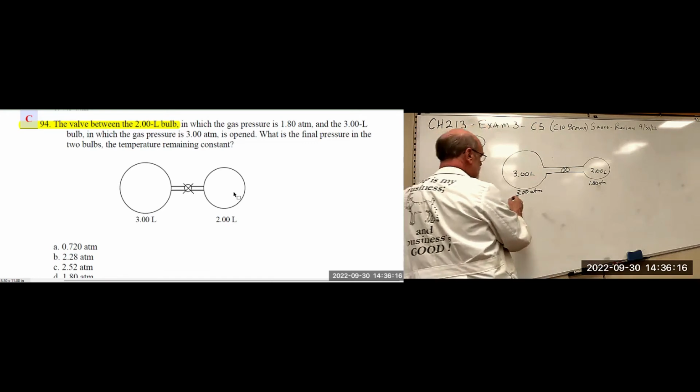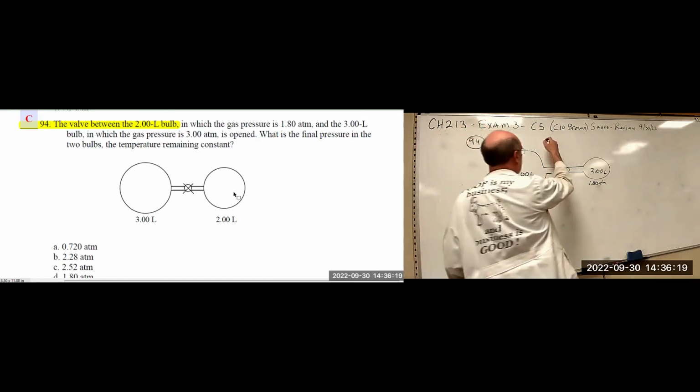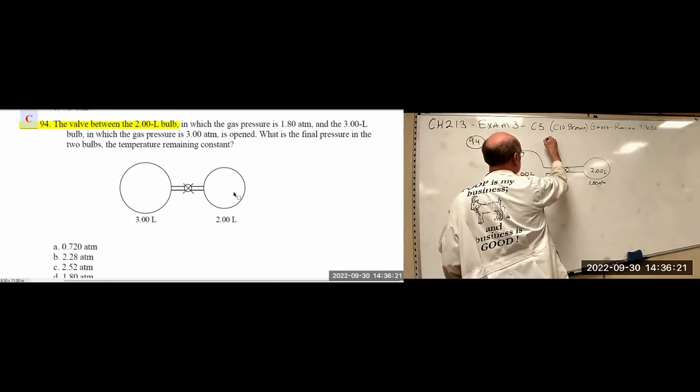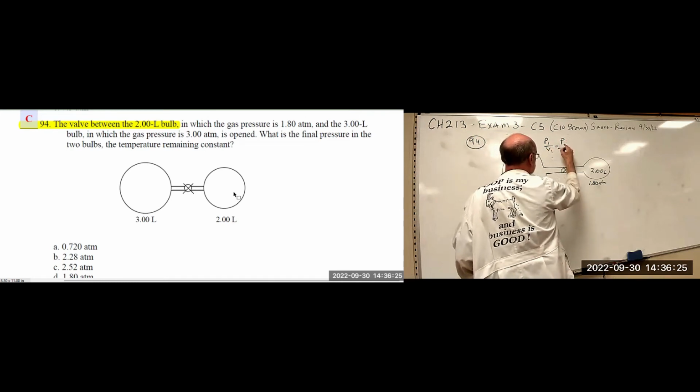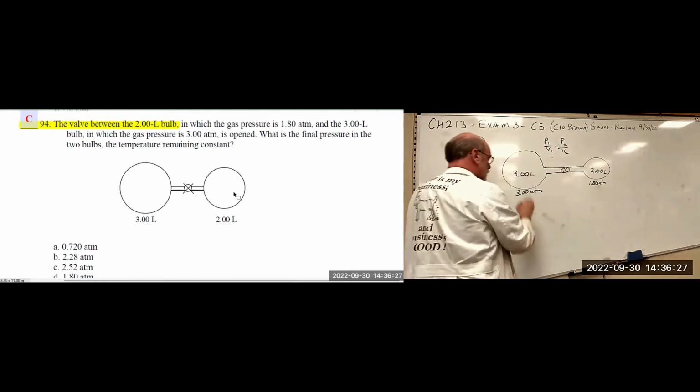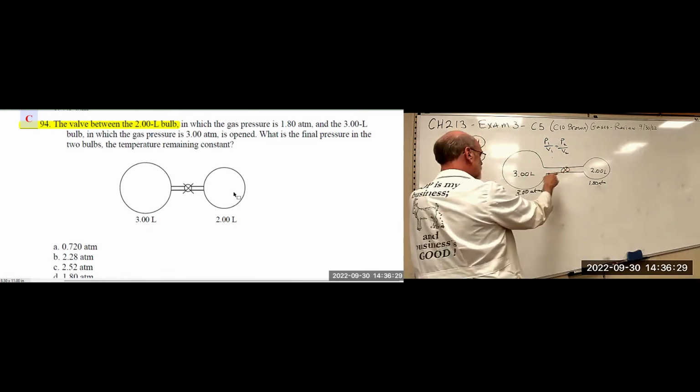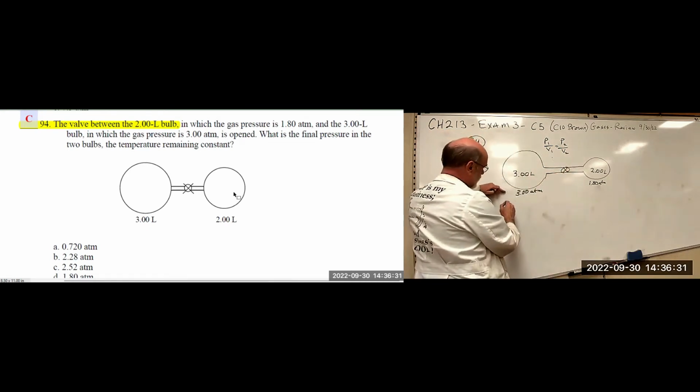So overall, we've got P1 V1 equals P2 V2. If we work this one with that as a vacuum, then P1 is 3 and V1 is 3.